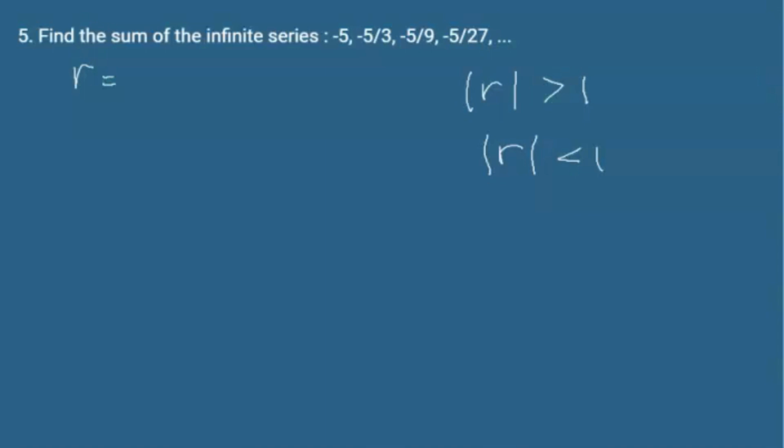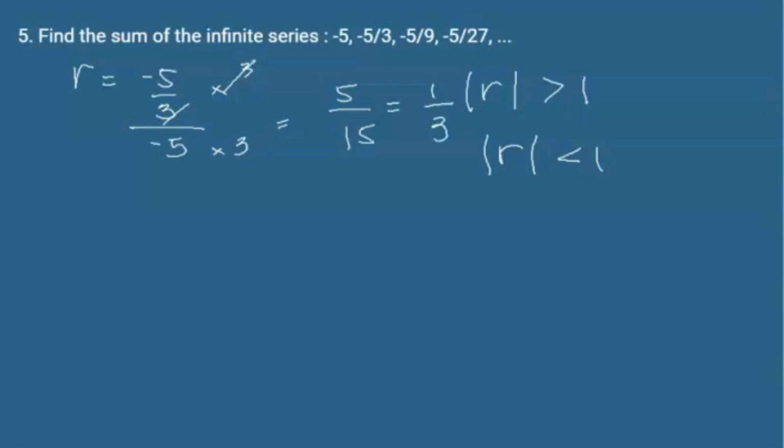So let's find the ratio: negative 5 thirds over negative 5. Multiply both sides by 3, so we'll have 5 over 15, or 1/3.